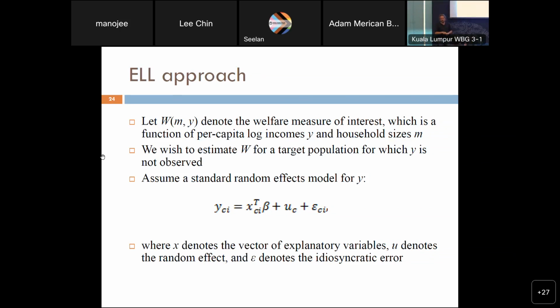So in ELL, they don't actually estimate the area effects. They estimate the distribution, and so they're going to be drawing from the unconditional estimated distribution. But there's a second literature that does try to estimate these effects, and we'll get to that. In that case, it only works in those areas that are covered by the survey.